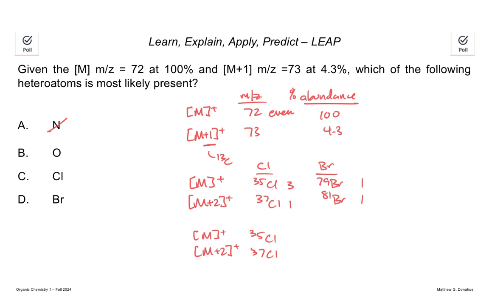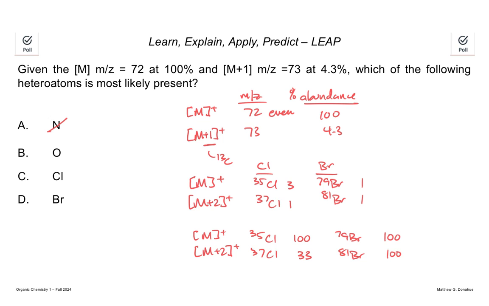So, again, I'm just going to write down an abundance number. If this was 100 for chlorine 35, then the chlorine 37 would have to be 33. For bromine, it would be 1-to-1.